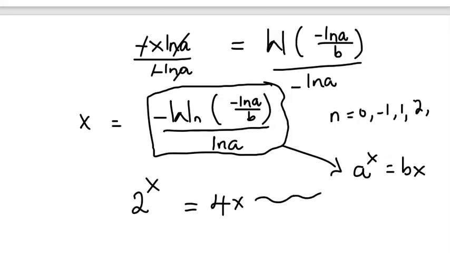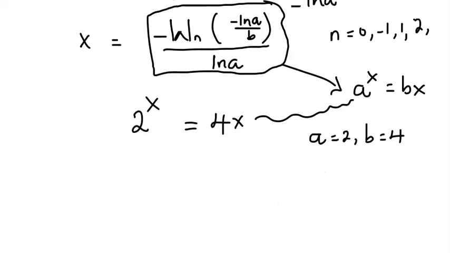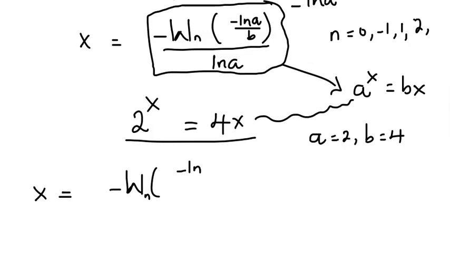So if you compare these equations together, you find out that a will be equal to 2 and b will be equal to 4. So the solution to this equation now will be x is equal to -W with a subscript n of negative natural log of 2 all over 4, right? Then divided by natural log of a, which is natural log of 2.